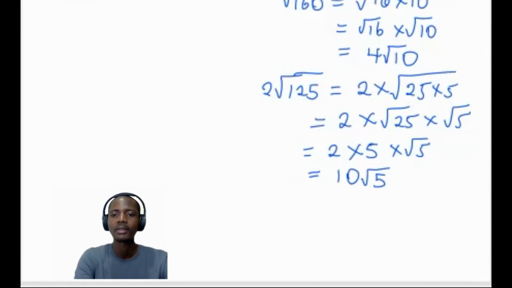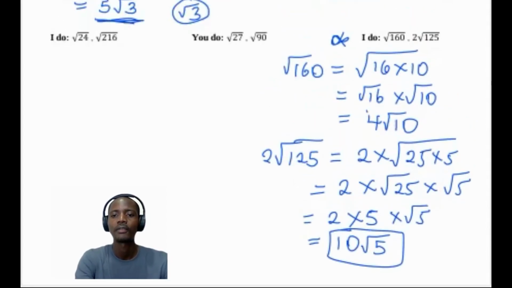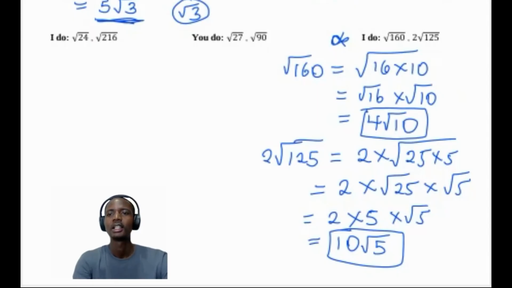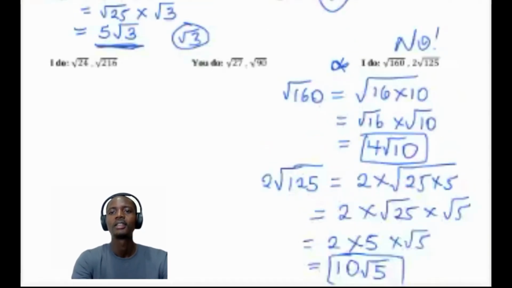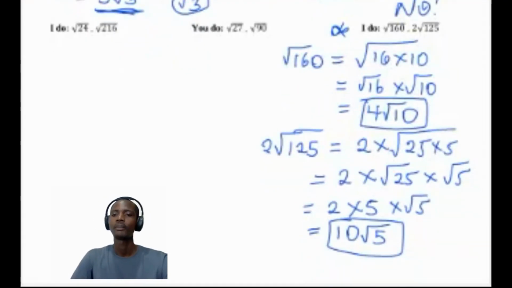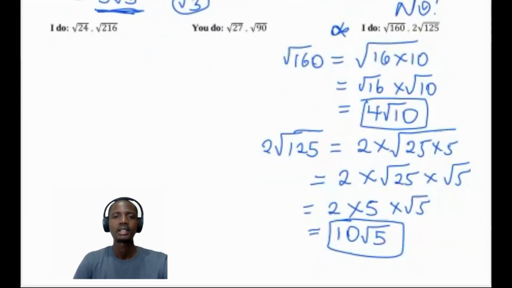So we see we have 10 root 5 for this. We have 4 root 10 for this. So are they similar? No, they are not. So we know that root 160 and 2 root 125 are not similar.